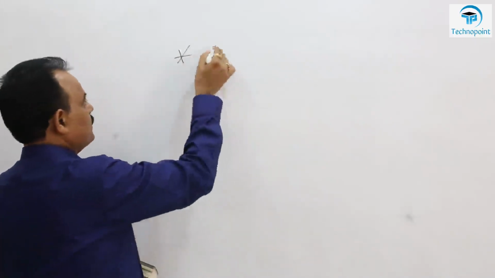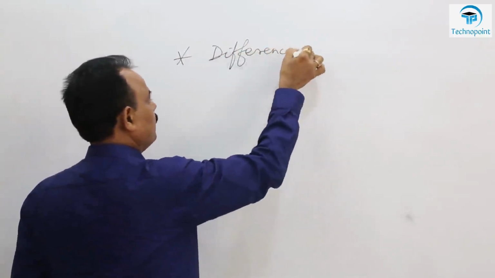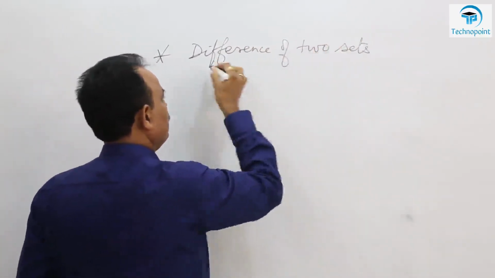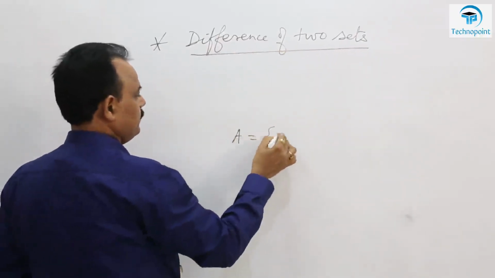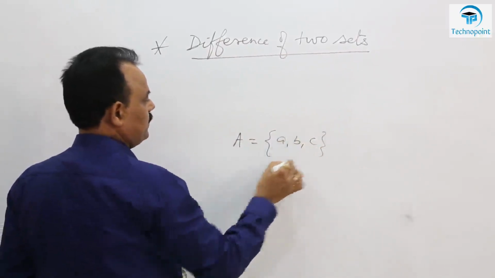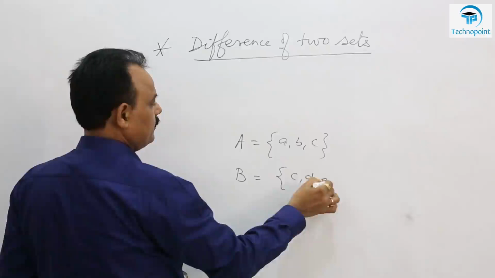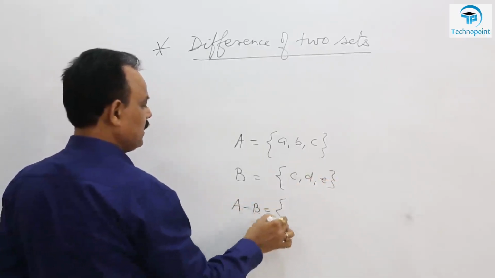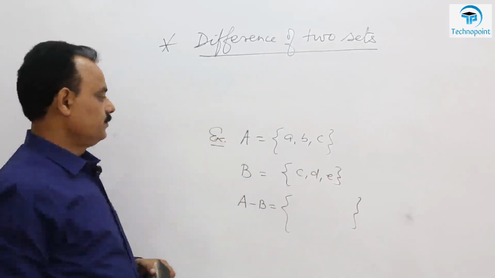Difference of two sets. Suppose you have A, that is A, B, C, and B, that is C, D, E. So what is difference of two sets? This is a set.